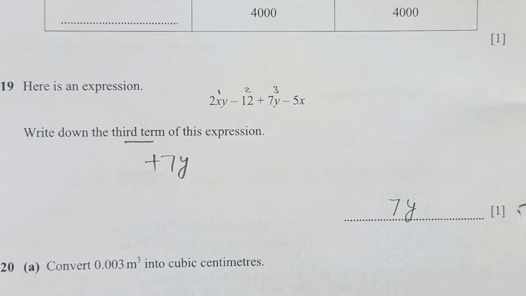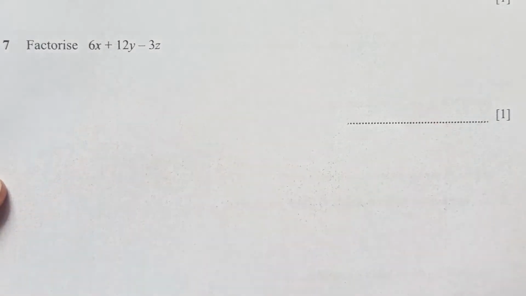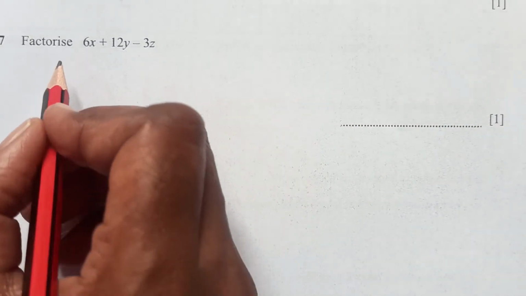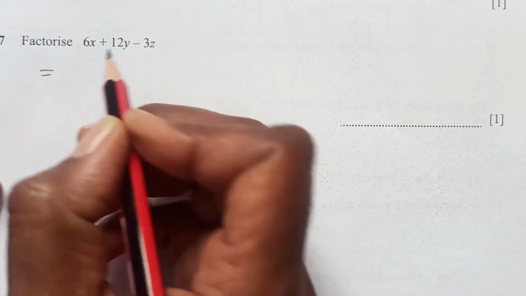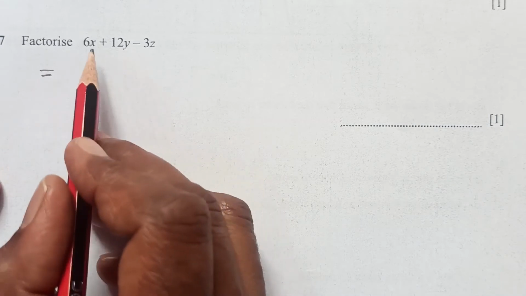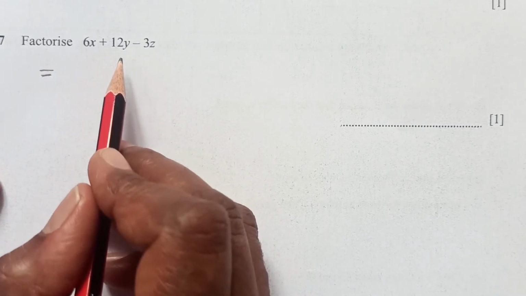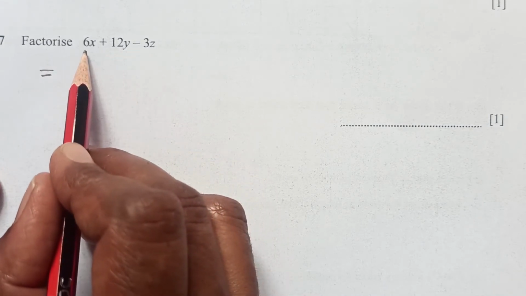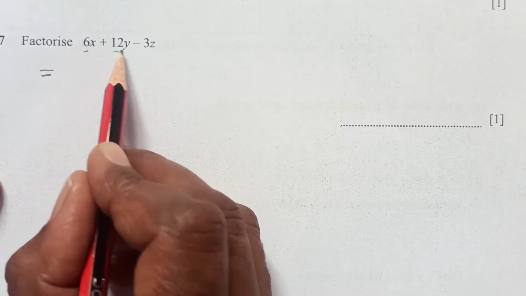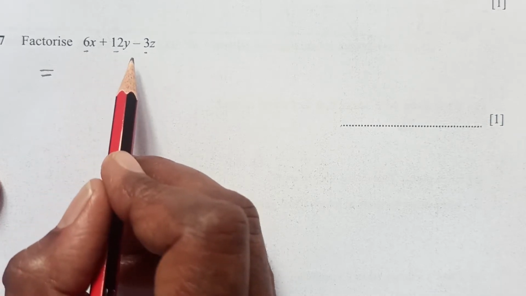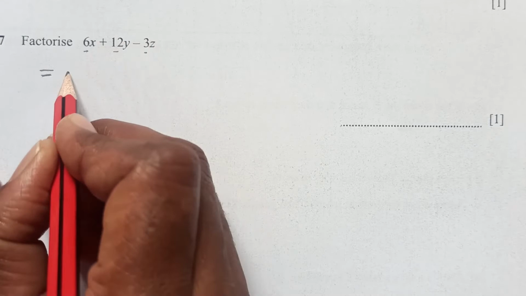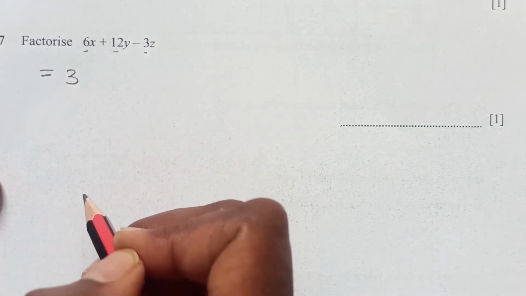Very simple question. Now we have here: factorize 6x plus 12y minus 3z. First we need to see from the numbers. There are 3, so we cannot make pairs. So we see from the numbers here we have 6, 12 and 3. They all are multiples of 3 and 3 is the lowest. So that means 3 will come outside the bracket, right?